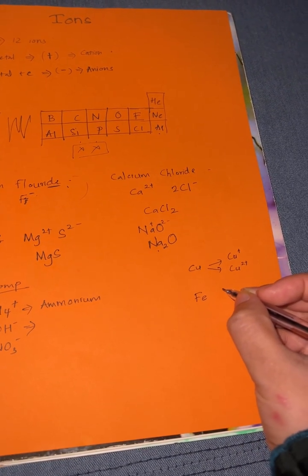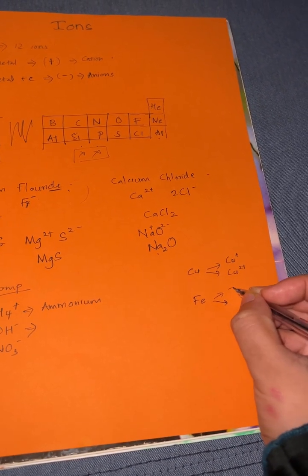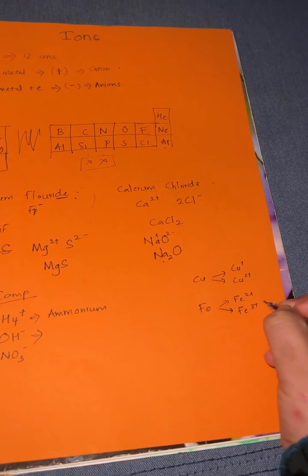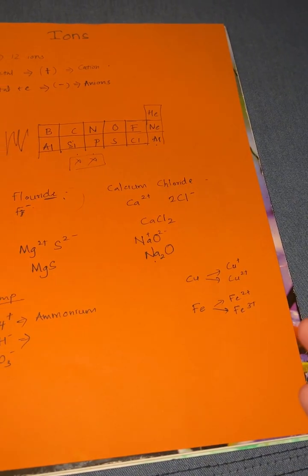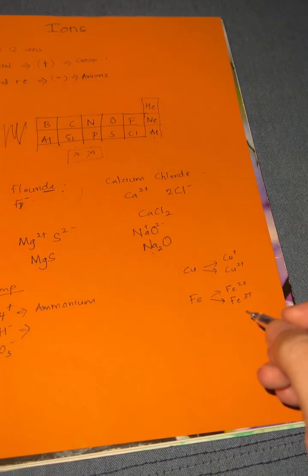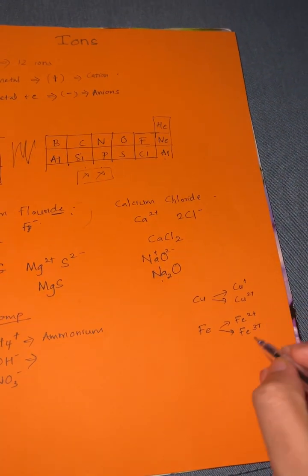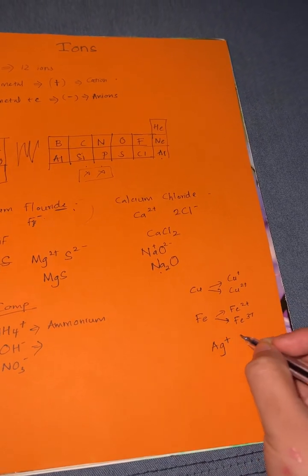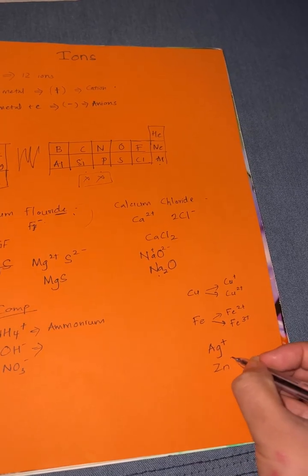If we consider iron, there is Fe2 plus and Fe3 plus; they have different charges. But some transition metals like silver are always Ag plus. Zinc is Zn2 plus.